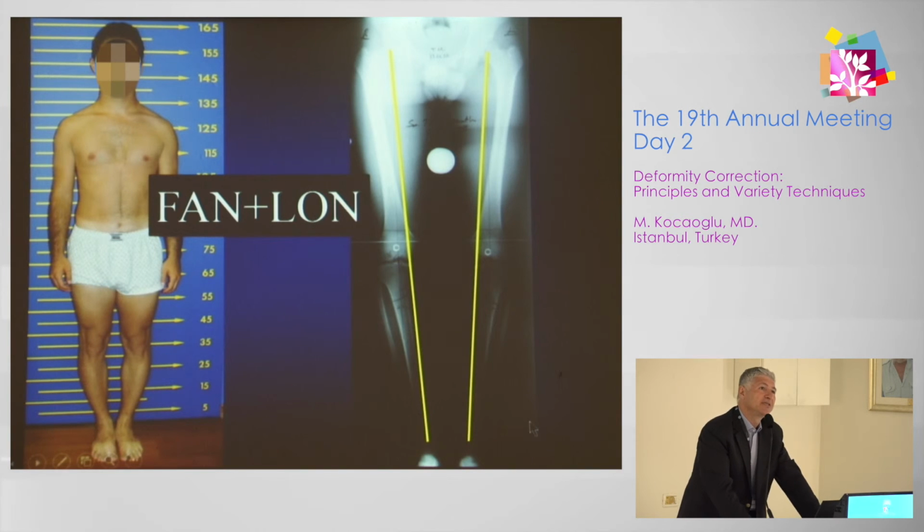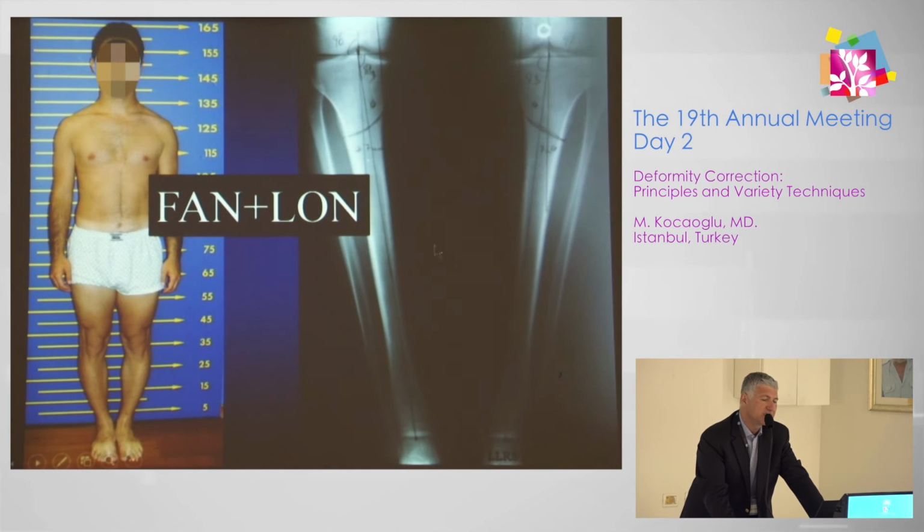Sometimes I use this correction together with lengthening. This is a cosmetic lengthening, you can say. But the patients come not only for lengthening of the stature, they also want to correct the crooked bones. So he also has a medial axis deviation on both sides.